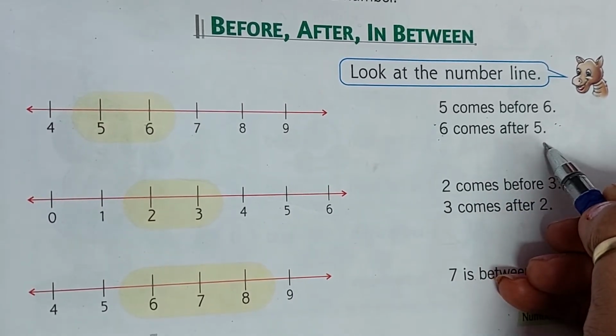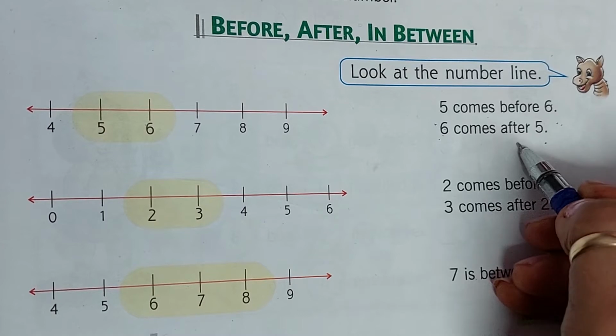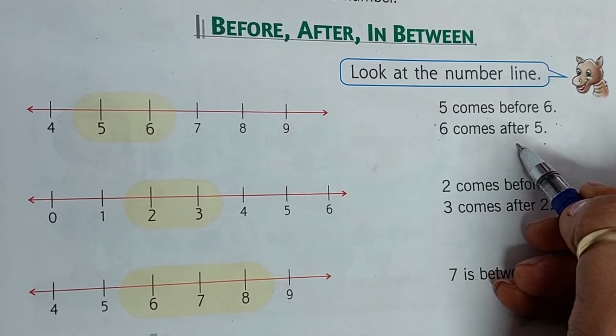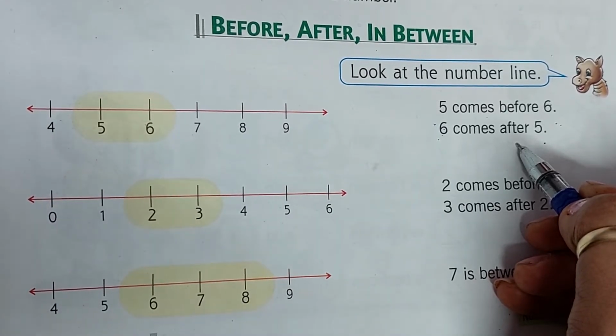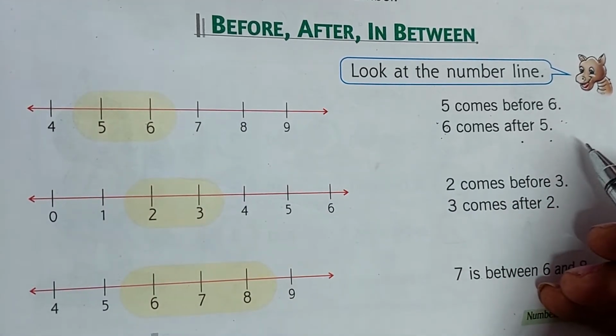This is a language difference. If I ask what comes after 5, 6 comes after 5. And 5 comes after what? It means 5 comes after 4.